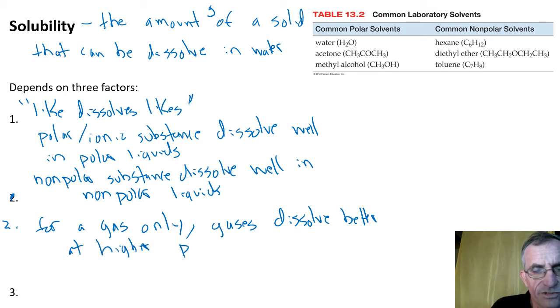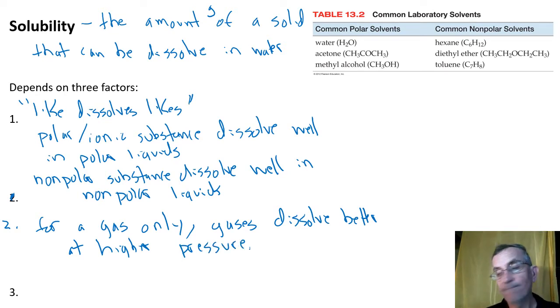If the pressure is higher, more of a gas will dissolve in water. So polar things like dissolve like, and for gases, the pressure also matters.